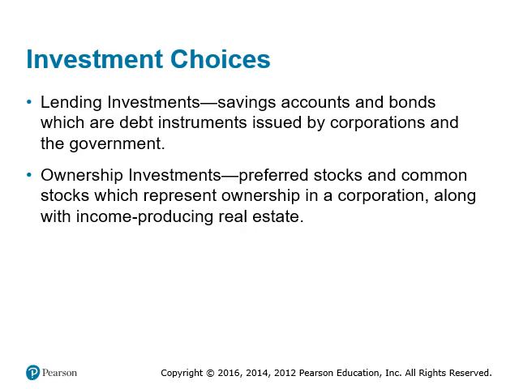By the time the bonds mature, these are debt instruments issued to you, and at the end of the day the money will be paid to you. For ownership investment, there are preferred stocks and common stocks, which represent ownership in a corporation, along with income producing real estate.